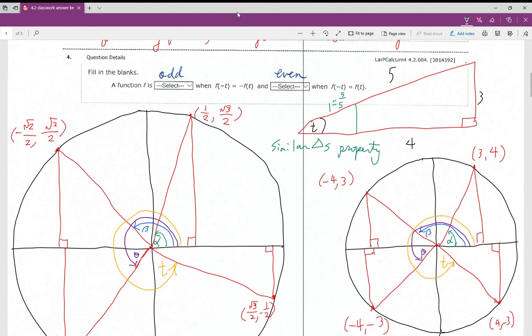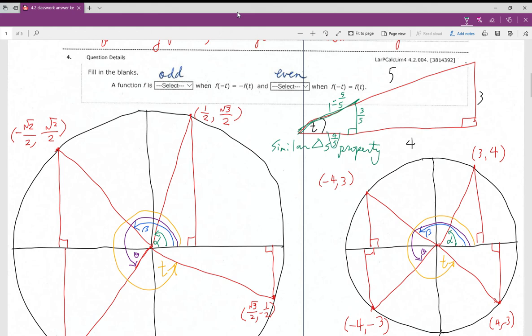Then I guarantee when you build a right triangle for this r equal to 1 with the same angle, 3 will be divided by 5 here, 4 will be divided by 5 here. I guarantee it, without proof.